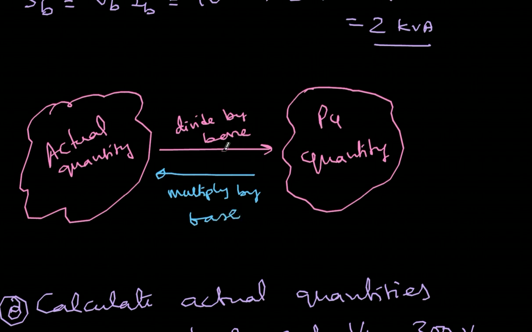And how is the base quantity itself calculated? We have voltage, current, power and impedance, so V base, I base, S base and Z base. If you choose any two quantities, the other two you can calculate. Then any actual quantity given to you, I can take it to per unit, and any per unit quantity, I can take it to actual.